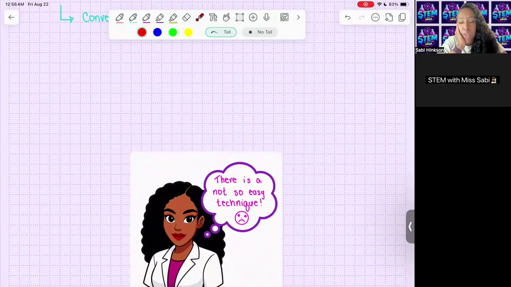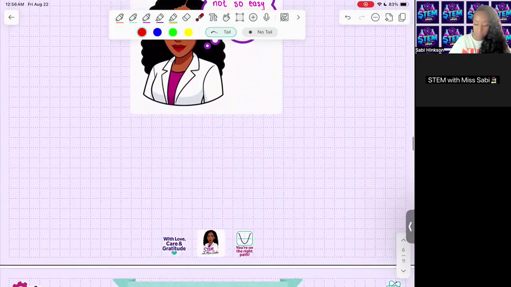I mean, I'm sure there are students who are brainiacs and figure that out, but it's not something that's easy, and it's challenging at first. But once you get the hang of it, it is not too bad. But it's not a short process either. It's not something that's instantaneous and as quick as the other way to convert decimals when you have terminating decimals. So we're going to look at those steps, and then we're going to do it.